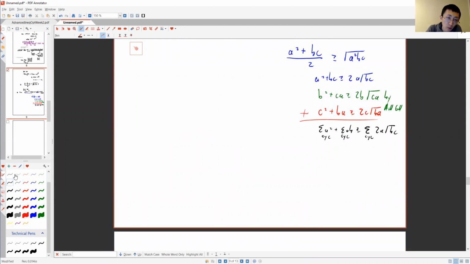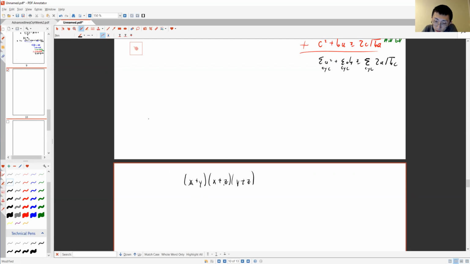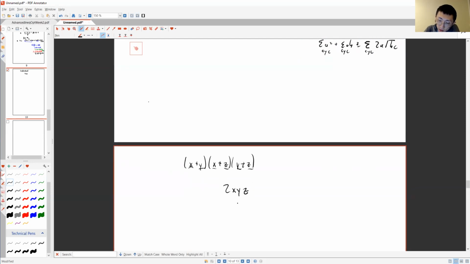The long way to do it is, maybe we're not so sure how to get started. What we can try doing is just multiplying things out. If I multiply it out, I'll get something like an xzy and a yxz, so there are 2 terms like xyz. And then there are 6 terms like xxz or xxy, so we'll have x squared y, x squared z, and so on.